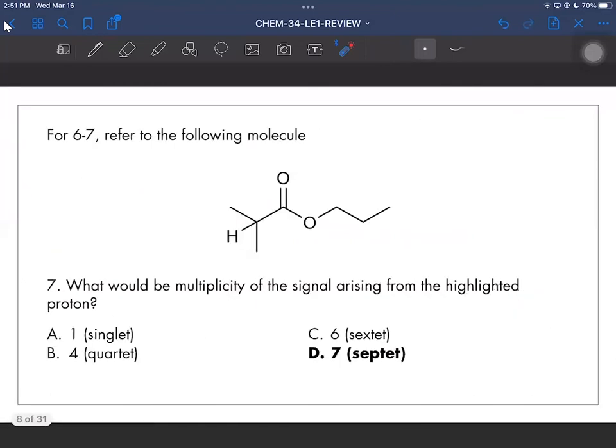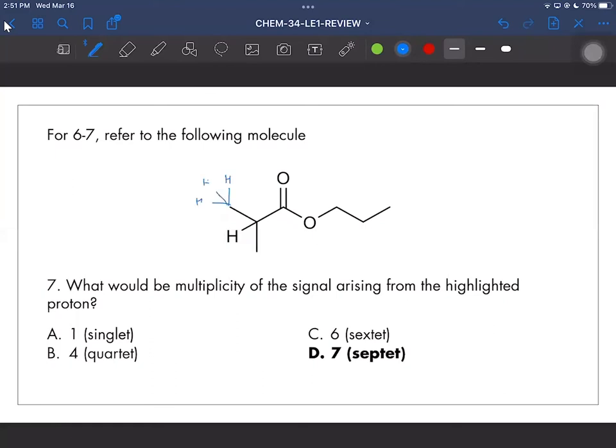So for number 7, what would be the multiplicity arising from the highlighted proton, which is this proton? So multiplicity or splitting happens with the proton and its neighboring protons. And this proton has the protons ng methyl group as its neighbor. So ipakita na natin yung neighbors niya.